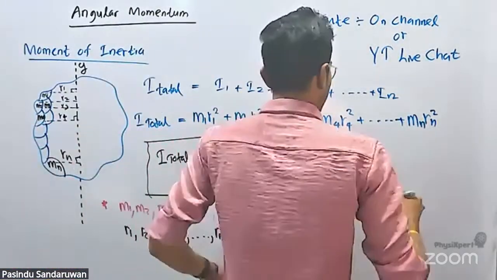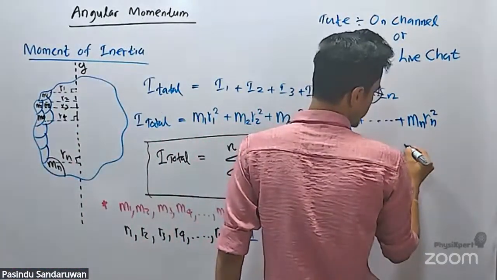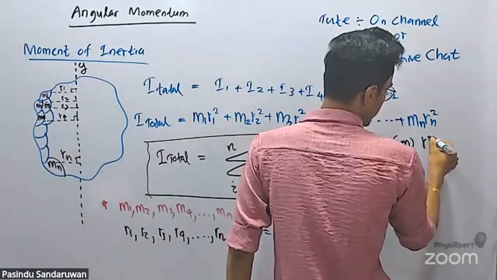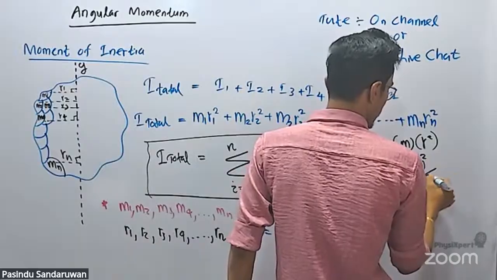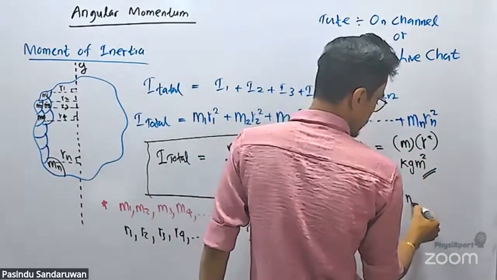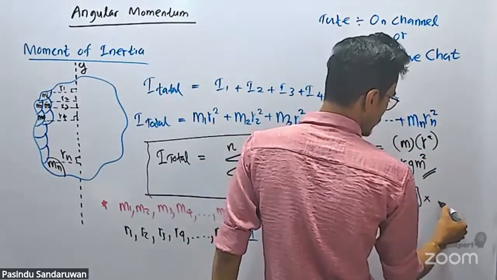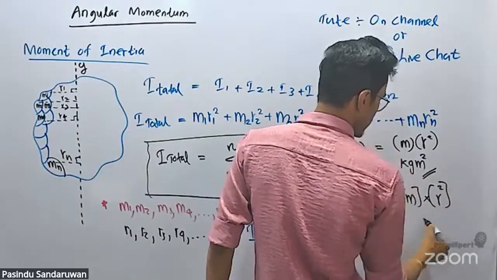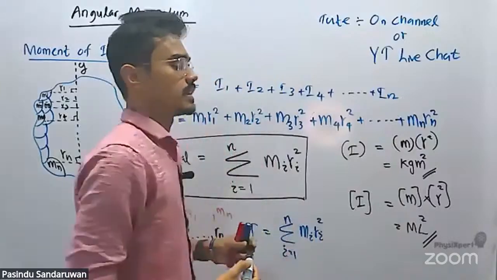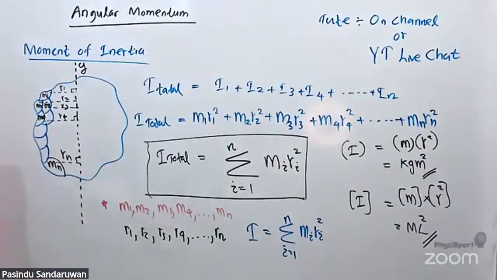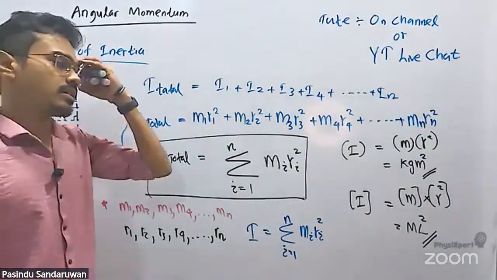I is m r squared, so the units of m into the units of r squared give kg m squared. Dimensions of mass into dimensions of r squared, that is M L squared. Fine.